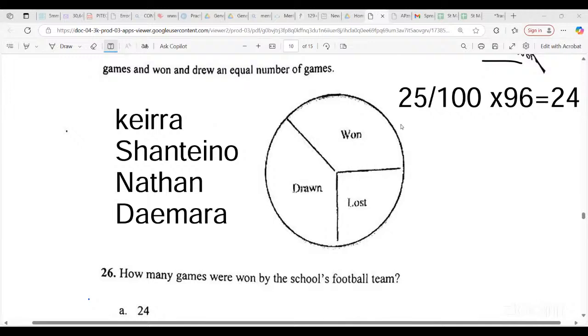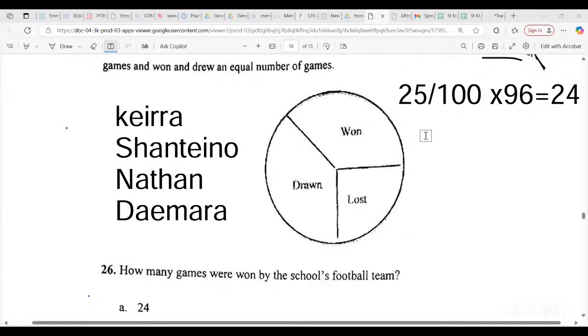Sir, Shantino is typing in the chat. Oh, you might not working. My device. Alright, Nathan, you want to go now? You can go if you want. Somebody has to present. Alright, Demara, go ahead.